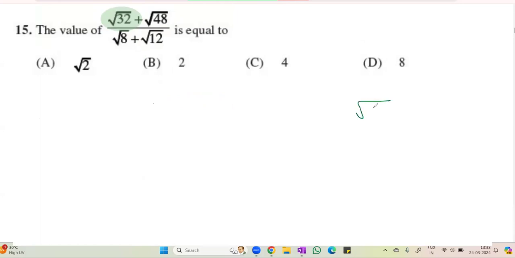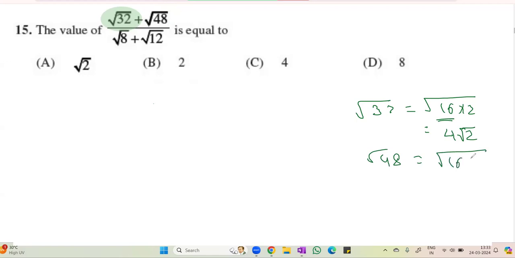Under root 32 can be written as 16 into 2, and as you know, under root 16 is 4, so it's 4 root 2. Likewise, next is under root 48, which can be written as 16 into 3, and under root 16 is 4, so it is 4 root 3.